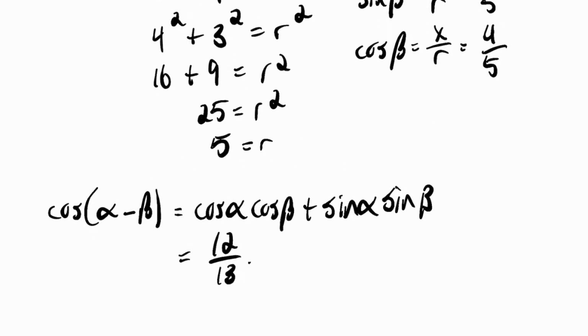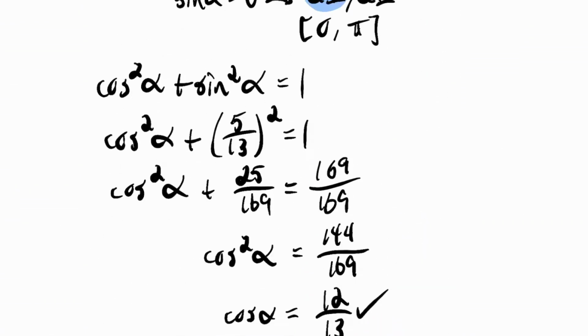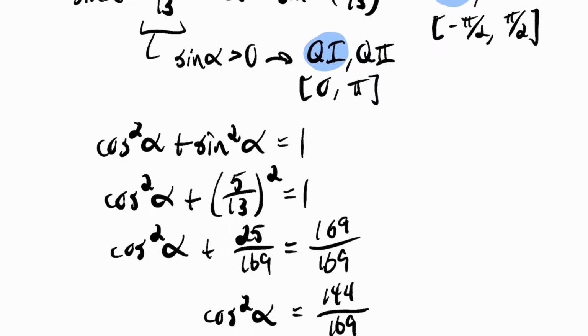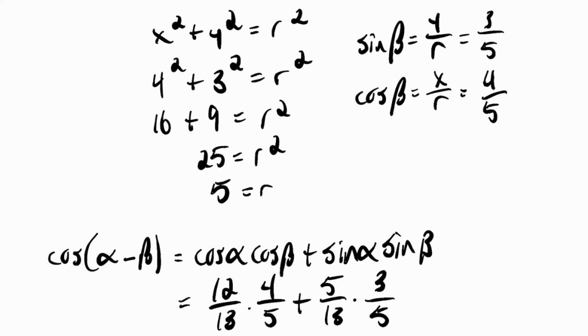And then cosine beta was 4/5, plus sine alpha, which is 5 over 13, times sine beta, which is 3/5. Yep.